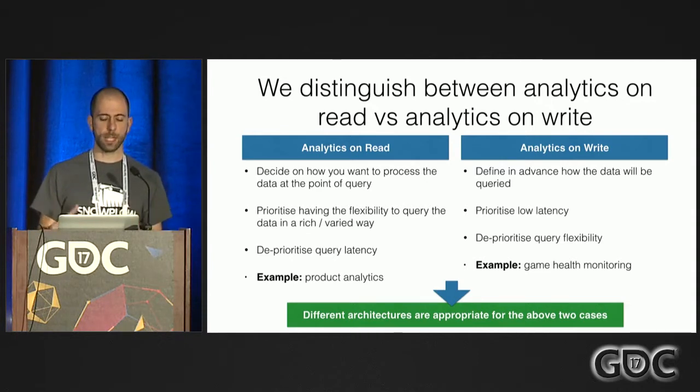Analytics on read applications are applications where we want to maximize flexibility to query the data in as many different ways as we want. So we decide on the question we want to ask, and we decide on the query we want to run on the data as late as possible, at the point of query, in fact. And so we're prioritizing that flexibility over query latency.